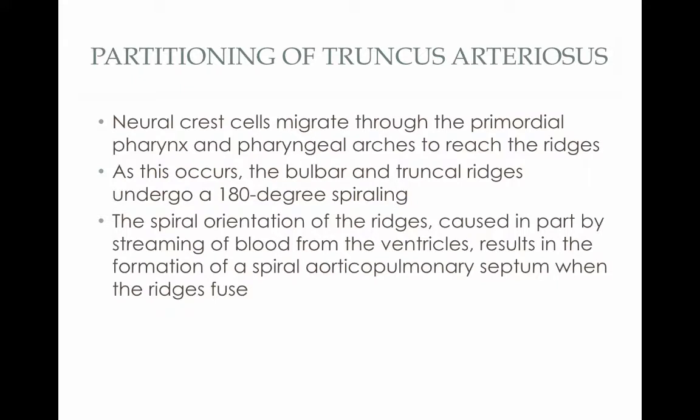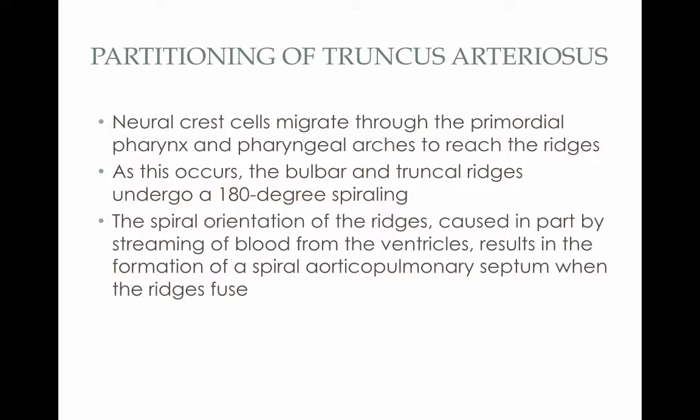These neural crest cells migrate through the primordial pharynx and pharyngeal arches to reach these ridges. As this occurs, the bulbar and truncal ridges undergo a spiraling of 180 degrees.